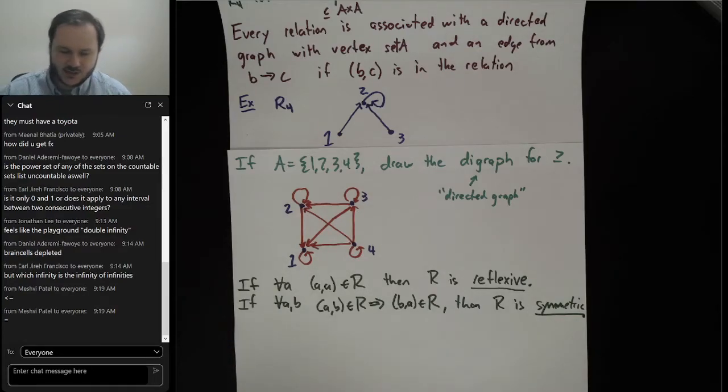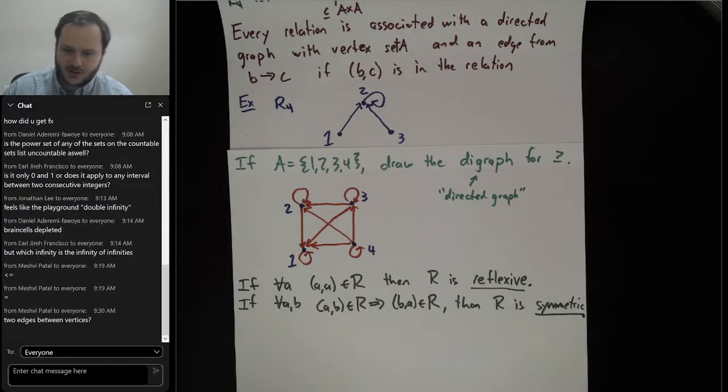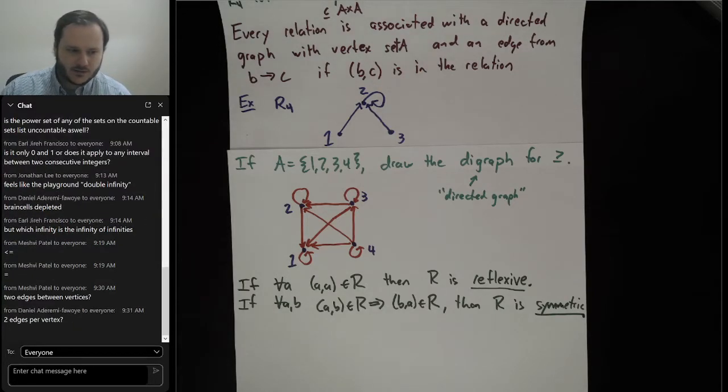What does the directed graph for a symmetric relation look like? What property does a symmetric graph have? If a relation is symmetric, between any two vertices, I have two edges, one going each way, or I have none.